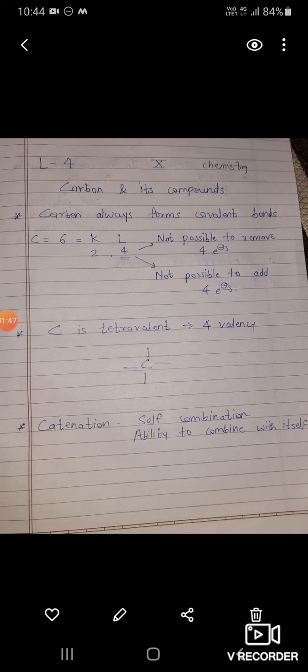The fuels like wood, coal, kerosene, LPG, natural gas, CNG, petrol, and diesel, which we use for cooking food and running vehicles, are carbon compounds. And paper, rubber, plastics, leather, drugs, and dyes are also made of carbon compounds. It is clear that carbon element plays a very important role in our daily life.